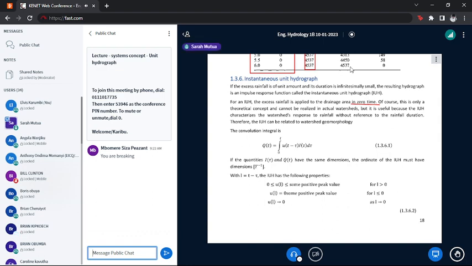Probably none. It has not been encountered in real life, but it is useful because an instantaneous unit hydrograph characterizes the watershed's response to rainfall without reference to the rainfall duration. And then because of that, the instantaneous unit hydrograph can easily be related with the watershed geomorphology.